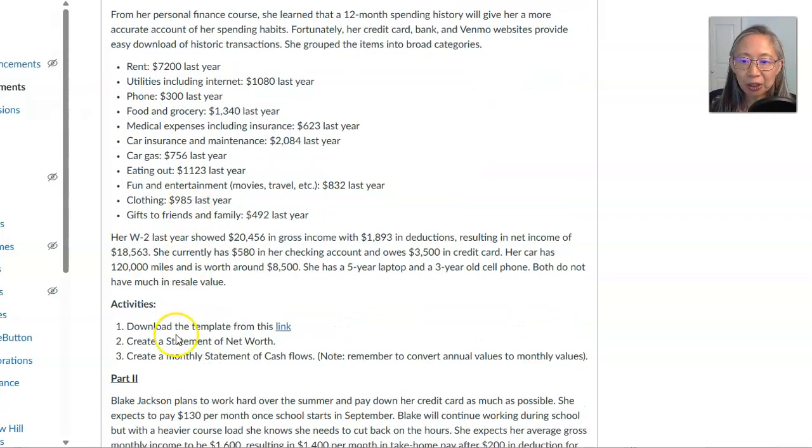You have the option to download a spreadsheet template, and you may need to adjust the categories so that it fits into the template, or you can create your own spreadsheet. Either way is acceptable. The first part of the case is to create a statement of net worth and also create a statement of cash flow. And remember that these are all yearly numbers. You'll need to convert that to monthly numbers.